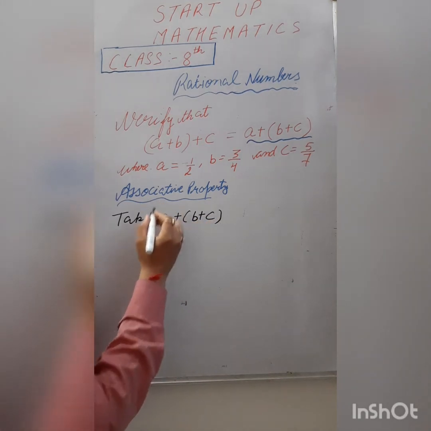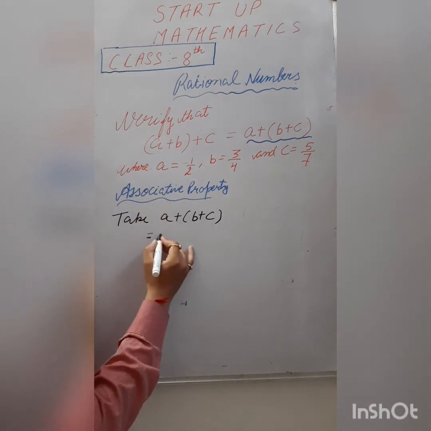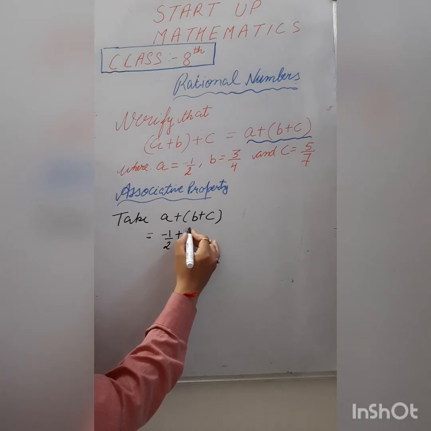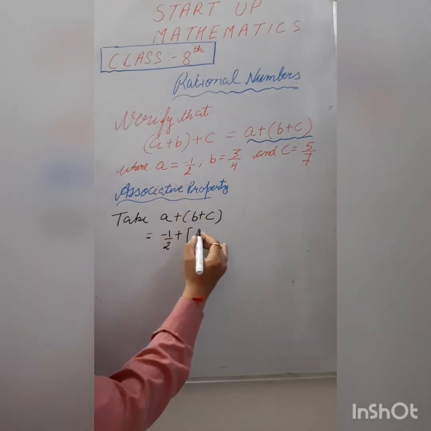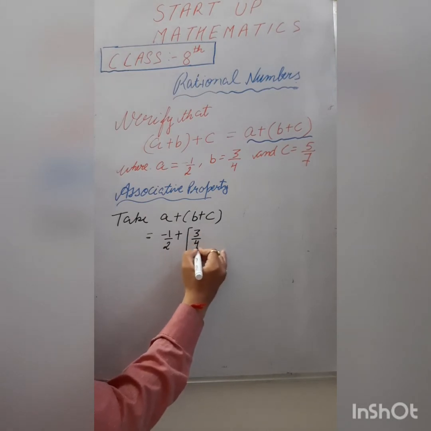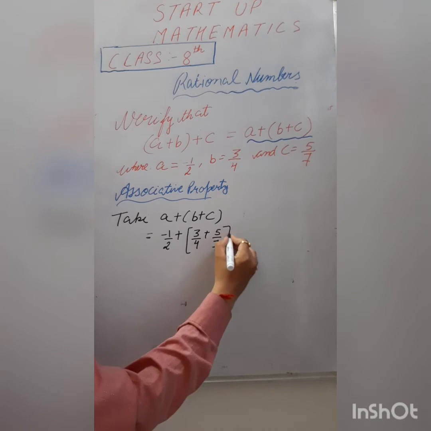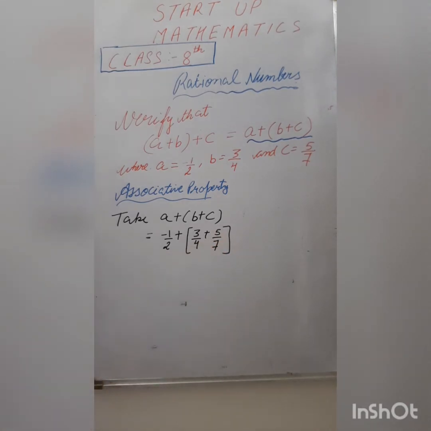Again substitute the given values. What's the value of A? That is minus 1 upon 2 plus, in the bracket, the value is 3 by 4 for B and 5 by 7 for C. So I am just putting the values that are given for the three rational numbers.